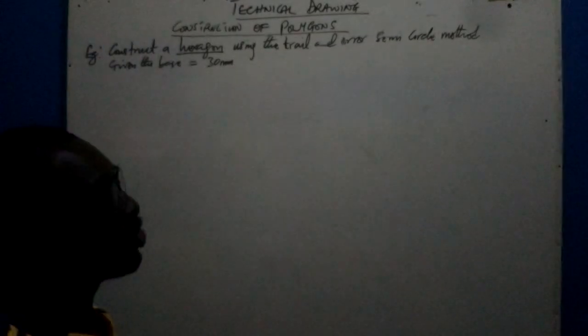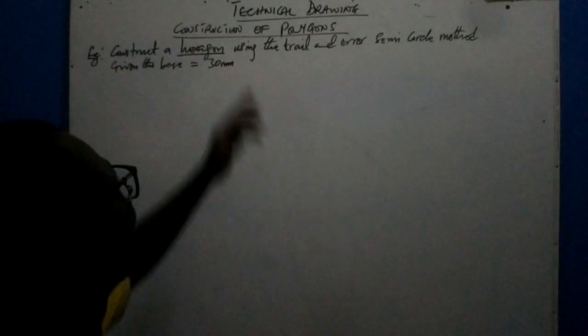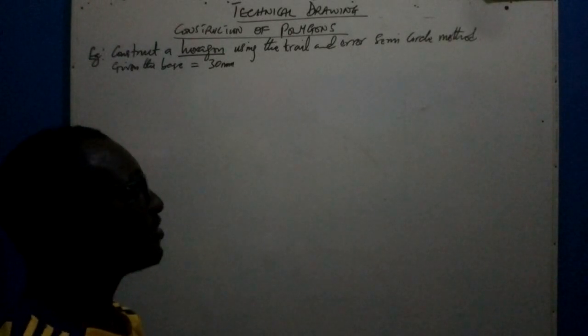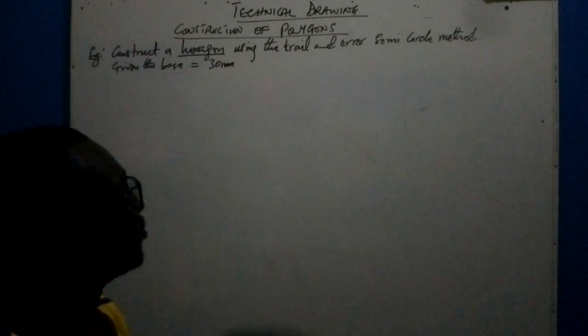Which is 6 sides. He's telling you that the polygon you are coming to draw, make sure that it has 6 sides using the try and error semicircle method. We have the try and error method itself, and we have the try and error semicircle method. Now let's look at it.